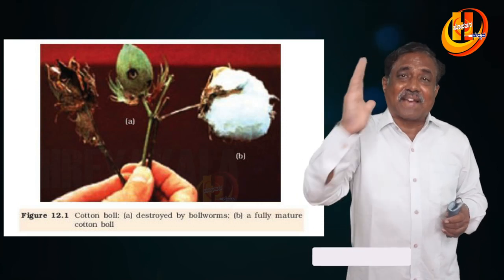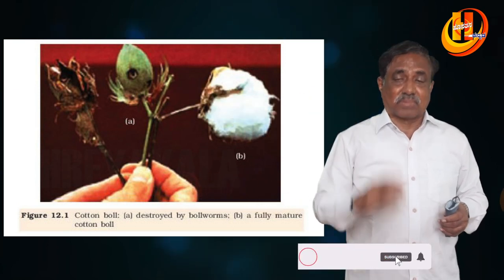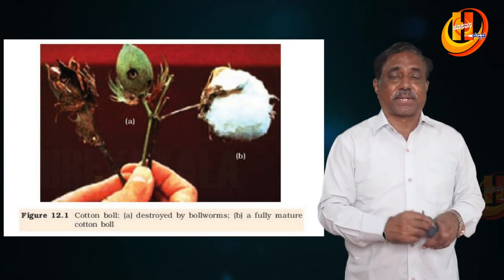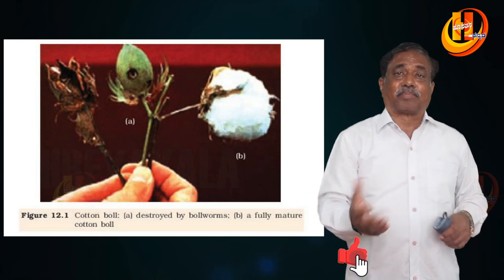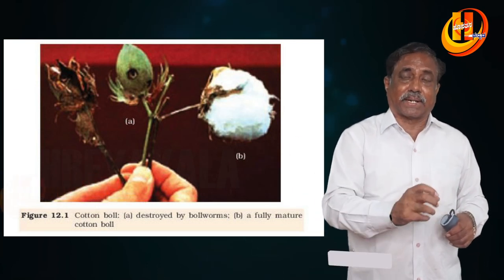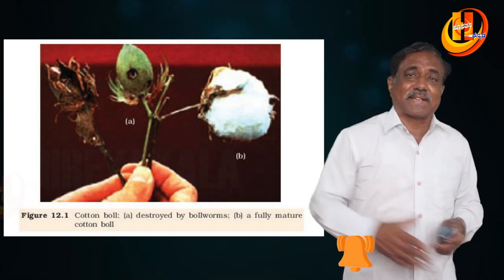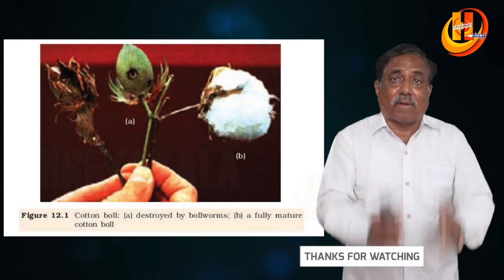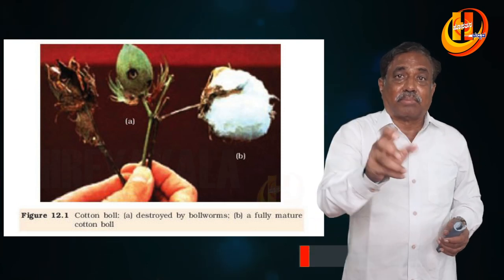So it doesn't affect the cotton plant because of the variation in pH. When insects feed on such BT cotton, these toxic substances enter the gut, and because of the alkaline pH, they become toxic.